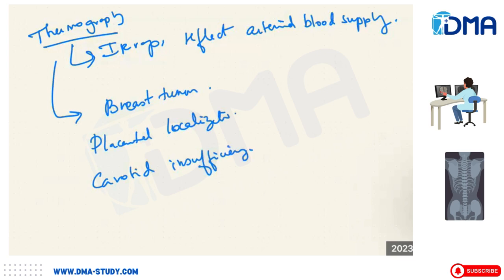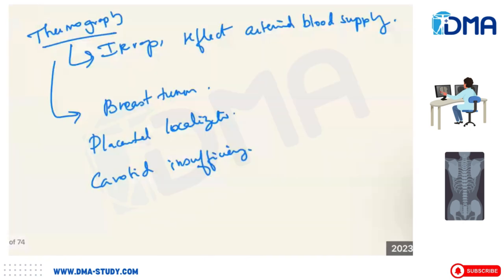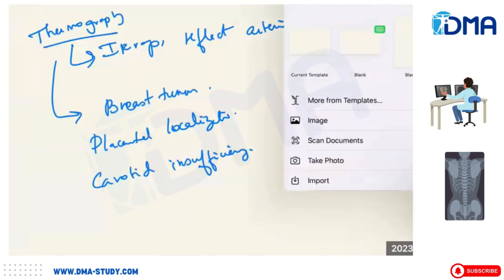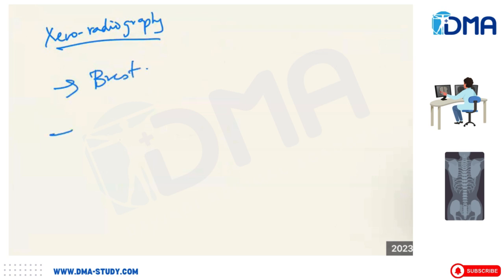Then there is something called xeroradiography. What is that? Xeroradiography is used for imaging the breast, and the image receptor here would be the selenium.